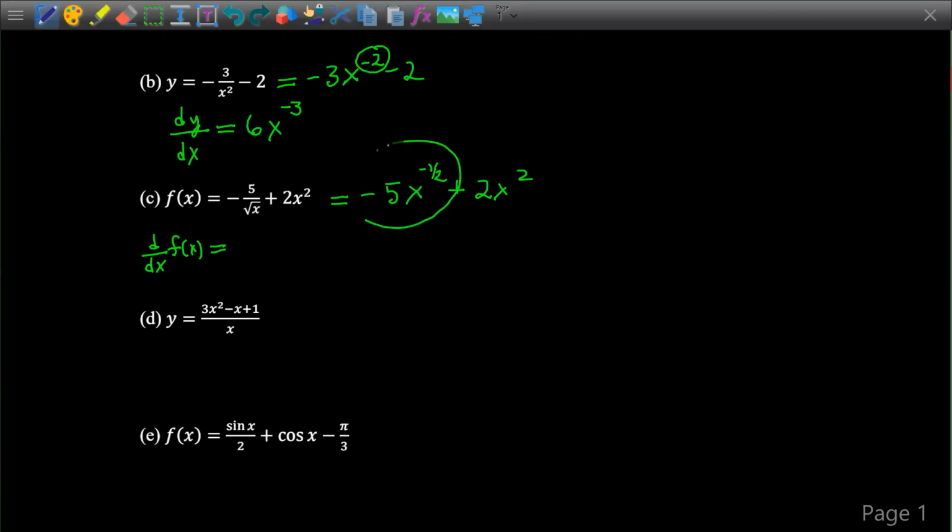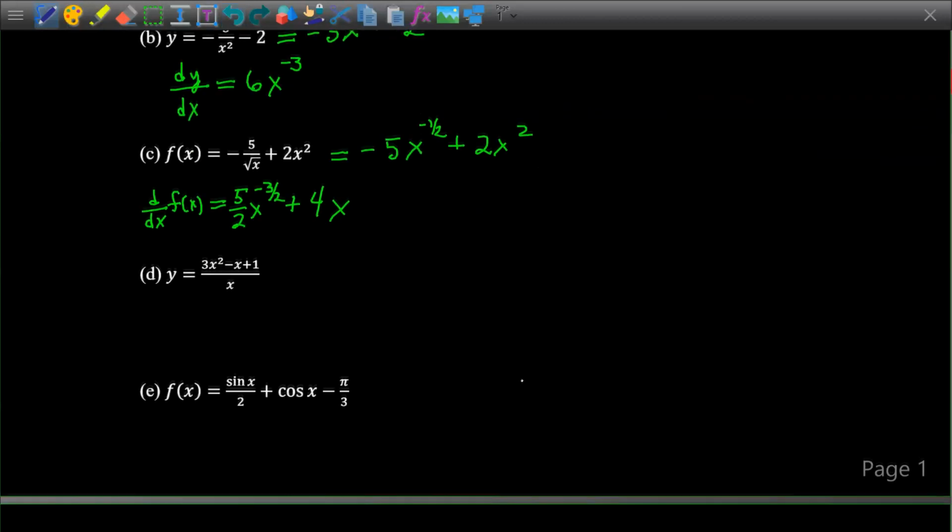The derivative of that first term there. So we have minus 1/2 times minus 5. That's positive 5/2 x. And then we have minus 1/2 minus 1. That's going to be minus 3/2. And here we don't have a constant now for our second term. So we do need to write something down for that second term. And that's going to be 4x.